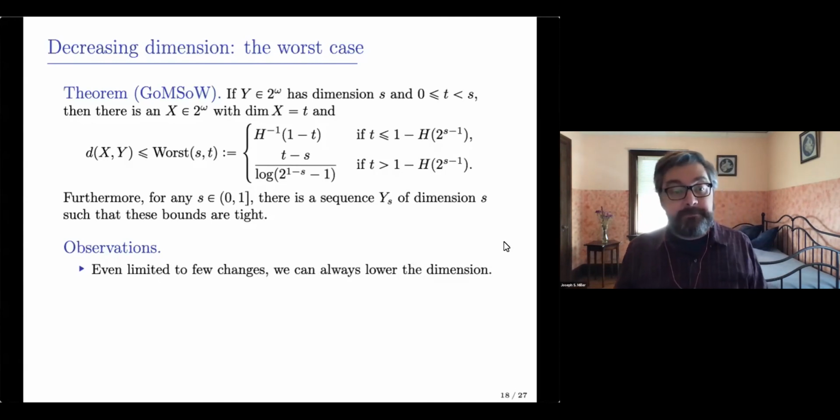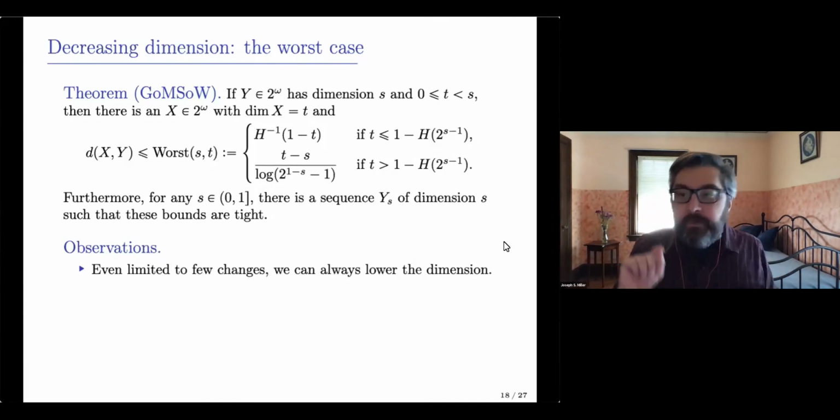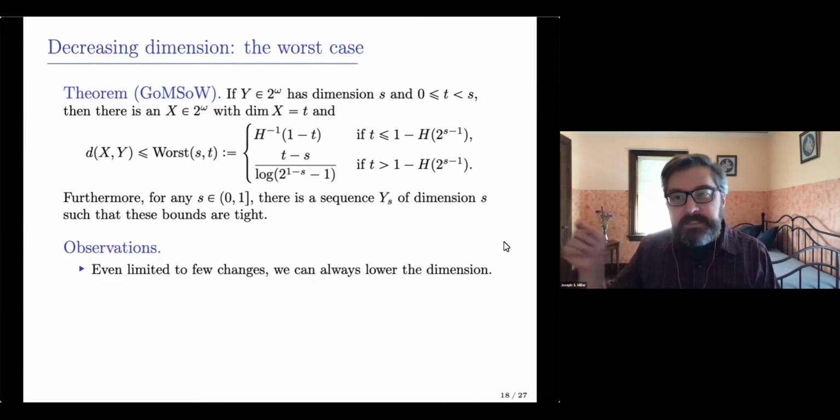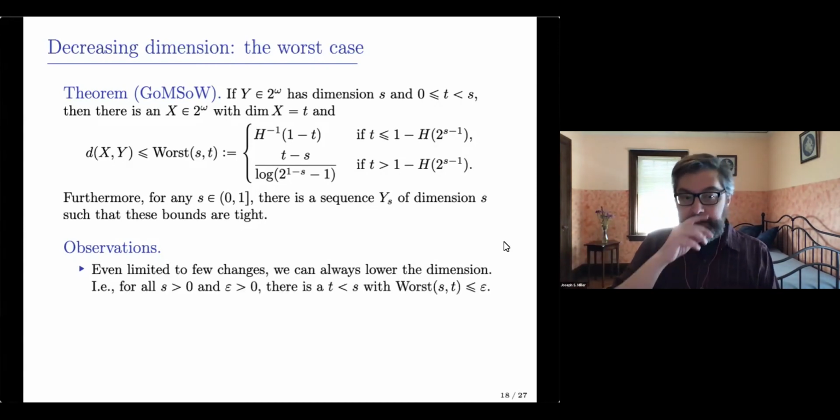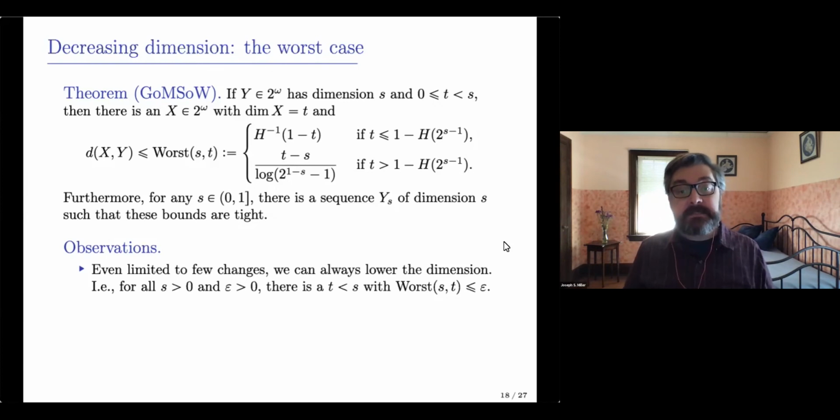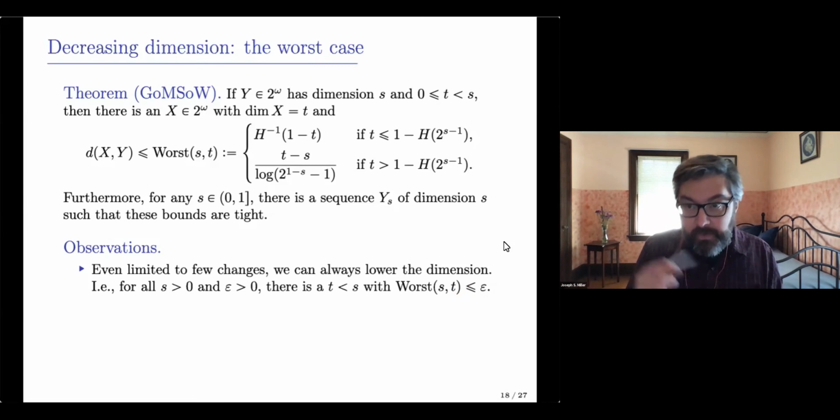Another observation: if we're only allowed to make a small density of changes, we can always lower the dimension. This is because it's true that for all s greater than 0 and all epsilon greater than 0, there's a t less than s where the worst case is less than or equal to epsilon. So if we're allowed to make a density of epsilon changes, we can lower to t. And how can you see that?